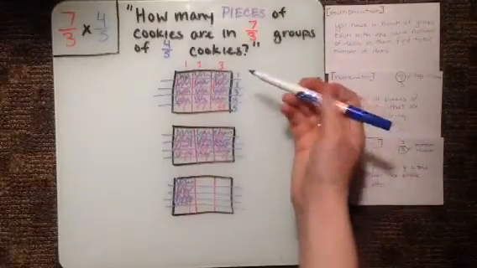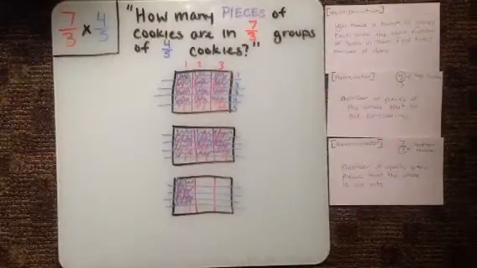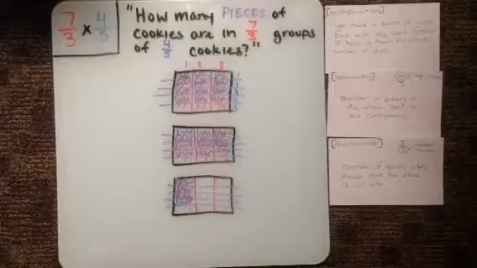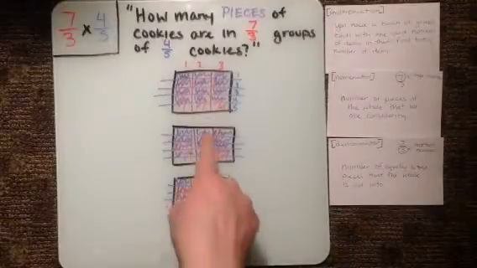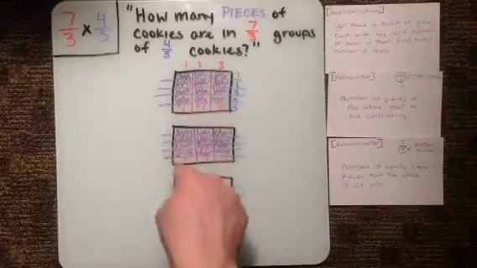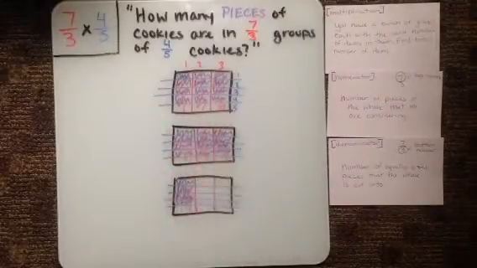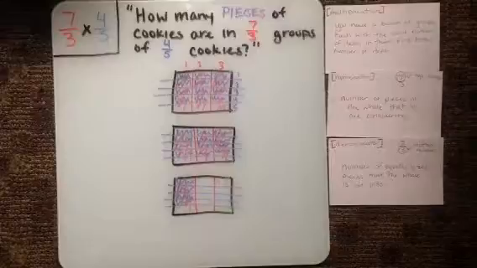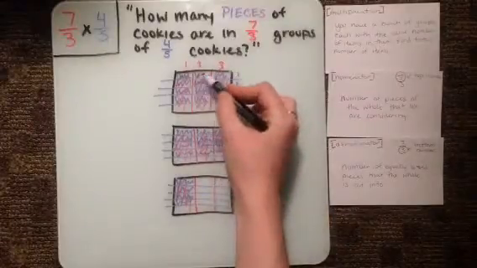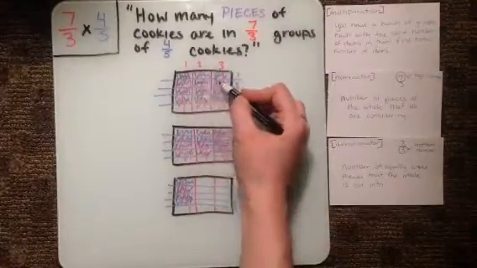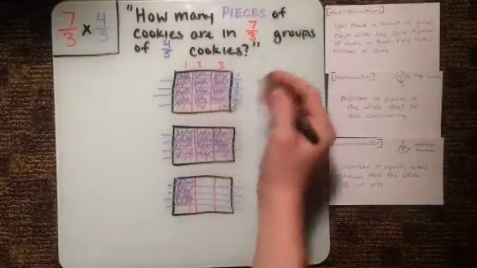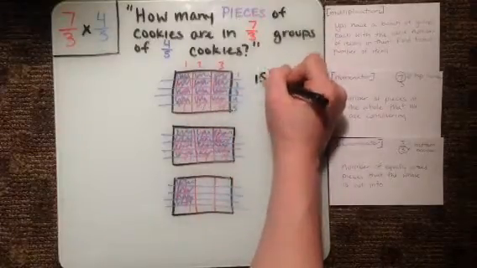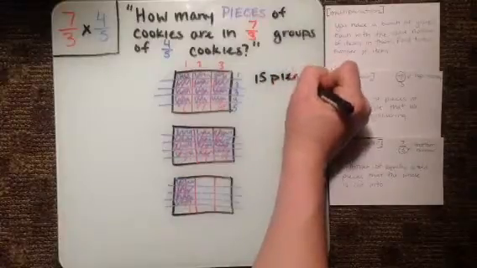Now, if we look at each of our boxes, we see that they're cut into a bunch of smaller pieces. We want to know how many pieces are in each whole. So now we're returning back to this box as counting as the whole. So if we count them all up, we have 1, 2, 3, 4, 5, 6, 7, 8, 9, 10, 11, 12, 13, 14, 15 pieces that make up the whole.